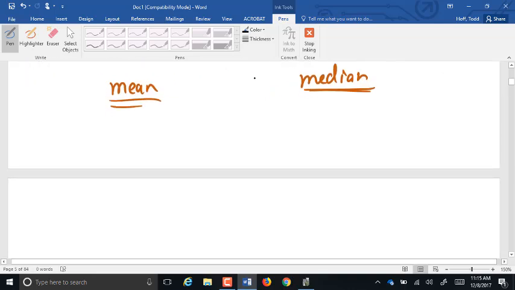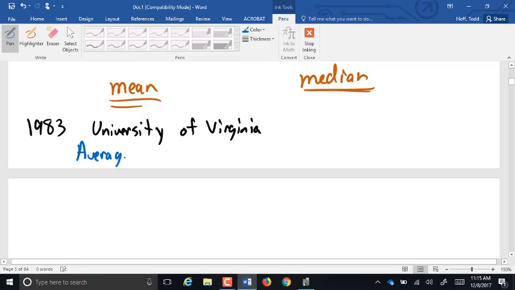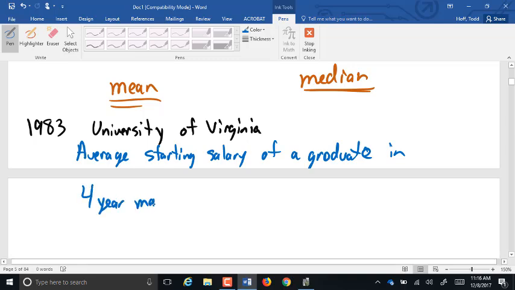Let me give you an example. I don't remember now if it was 1983 or 1984. We're going to say 1983. University of Virginia advertised the average starting salary of a graduate in their 4-year marketing program.